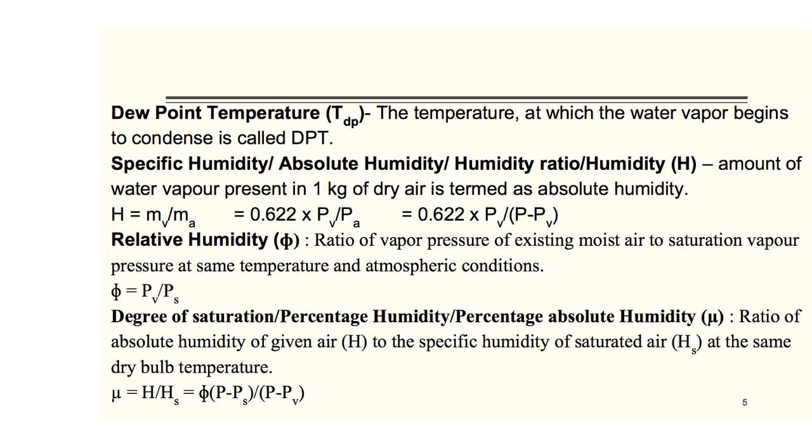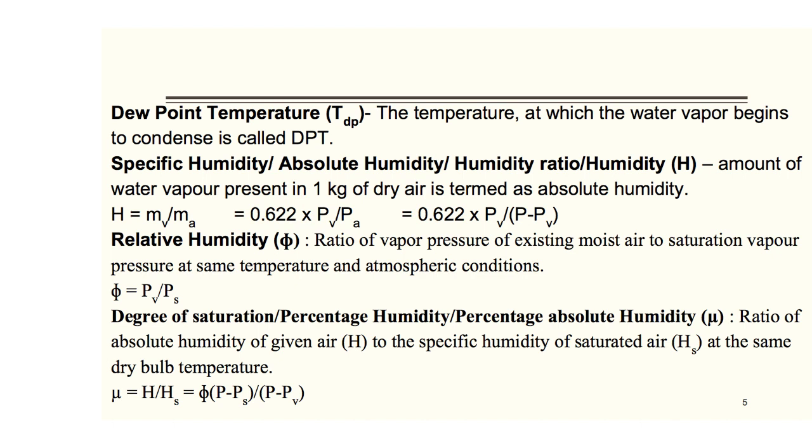So we can write PA as P minus PV, where capital P is the total pressure and PV is the partial pressure exerted by water vapor, right? So finally we found the formula of humidity in terms of a single unknown factor.